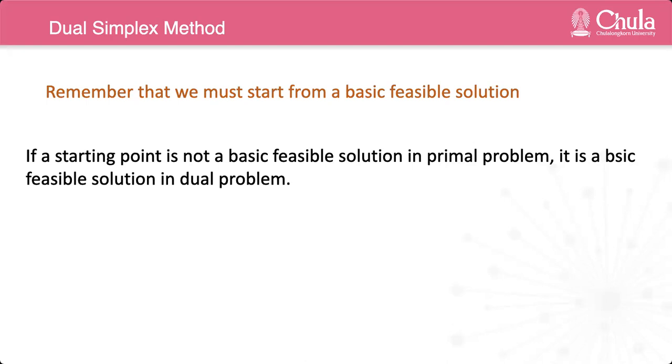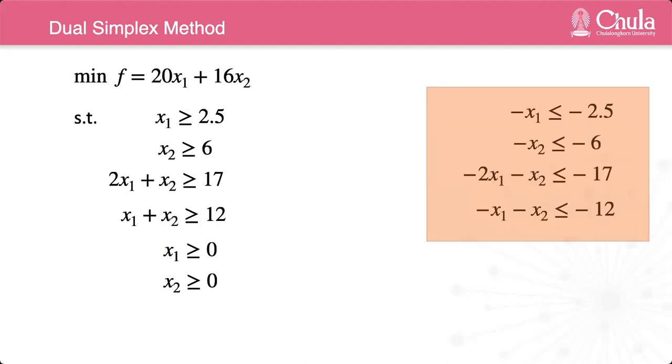But actually, you don't need the two-phase algorithm if you use duality, because if the primal is infeasible, the dual of that problem is unbounded. So if a starting point is not a feasible solution in the primal problem, it is a basic feasible solution in the dual problem, always. So we develop a new algorithm to solve such problems.